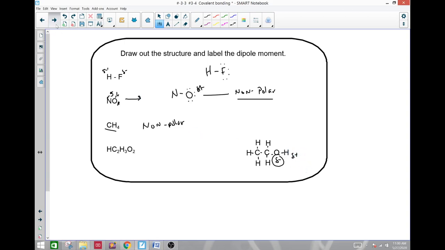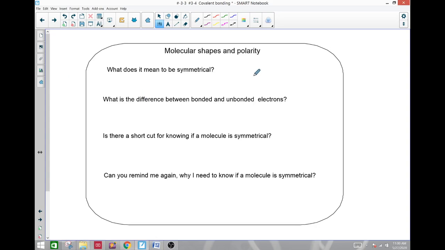And moving along here. What does it mean to be symmetrical? Hopefully we've already paused here and learned a little more about shapes and polarity and things of this nature. To be symmetrical, I could have X bonded to X. Symmetrical could be a shape too. X bonded to Y, that's not symmetrical.